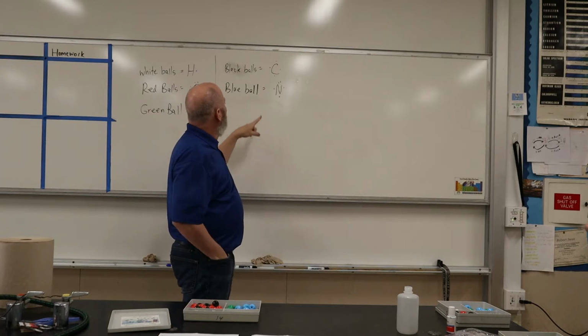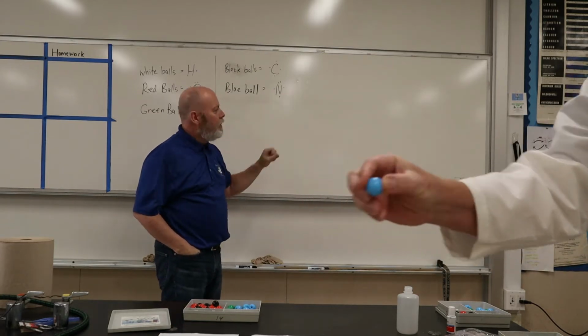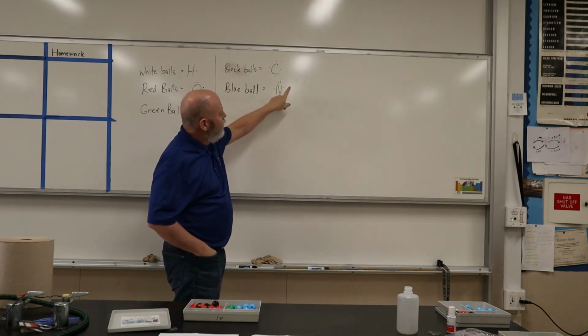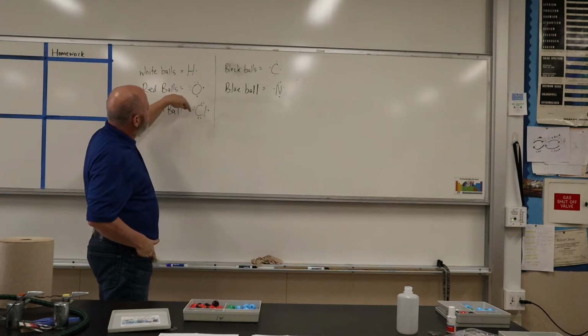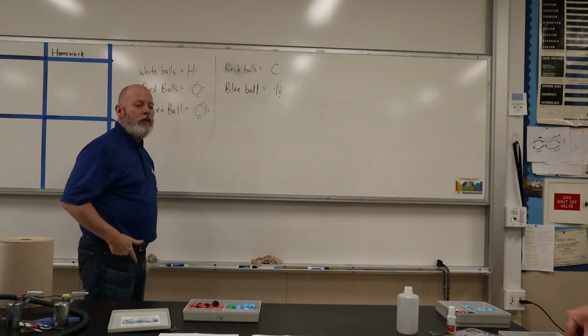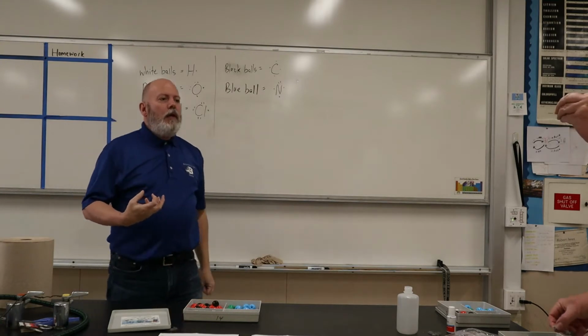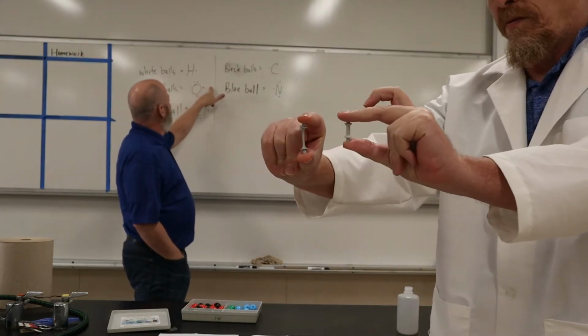And then the blue ball has 3 holes in it, because it has 3 unpaired electrons. So the balls do not show the paired electrons. Just the hole represents the unpaired electrons. And the sticks represent the bonding pairs. Those sticks represent when you bond.